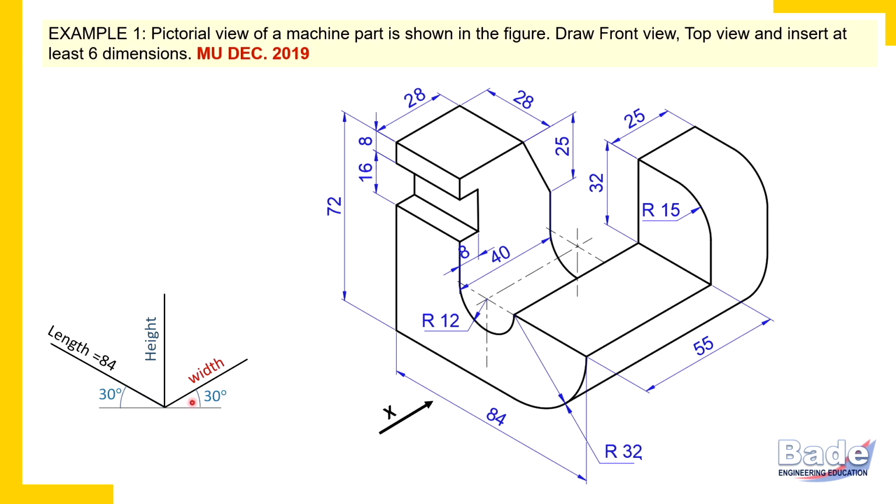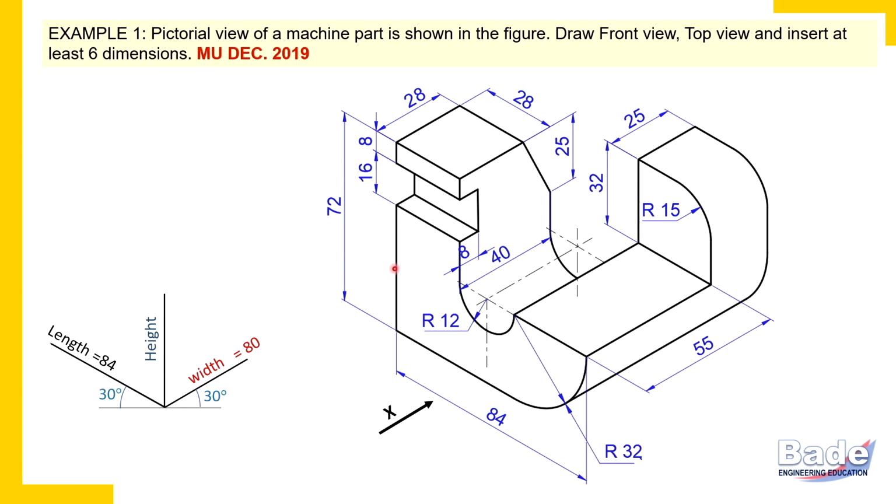Now parallel to width, check all dimensions from front to back. So 55 plus 25. That is 80. So width of the object is 80 millimeters. Now check the height of the object. Focus on all vertical dimensions. Check here.